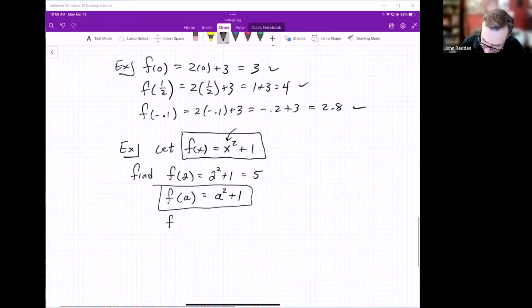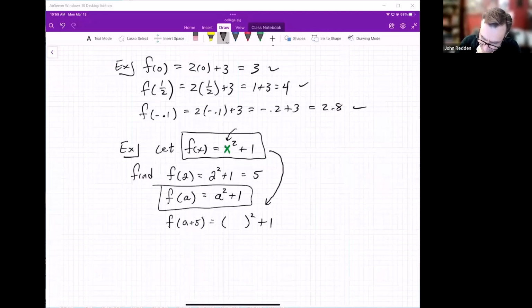So what if it wanted f of a plus 5, right? If it says f of a plus 5, again, wherever you see an x right here, that's where you're going to plug in a plus 5. And so since it's a binomial, I'm going to use parentheses squared plus 1 because that follows my template, right?